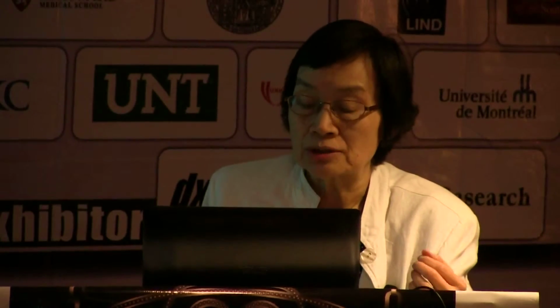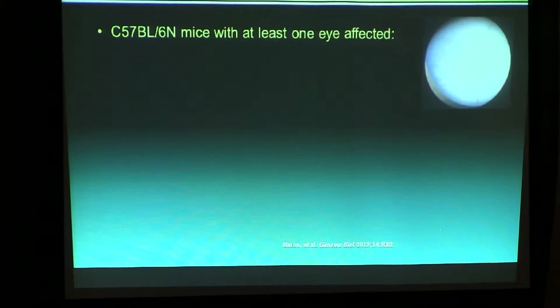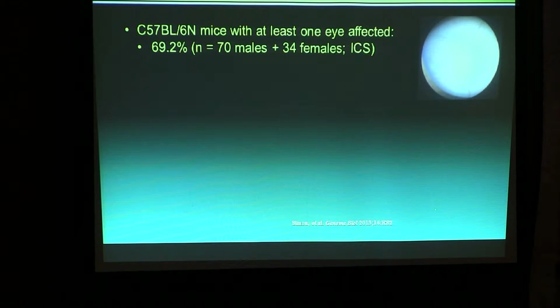So the B6N, all the stem cell or all those ES cell lines, many are from there. This is a very good article published last year that Simon and colleagues looked at the C57BL/6N or 6J, from the same vendor, given to 3 different institutions, with a large number.